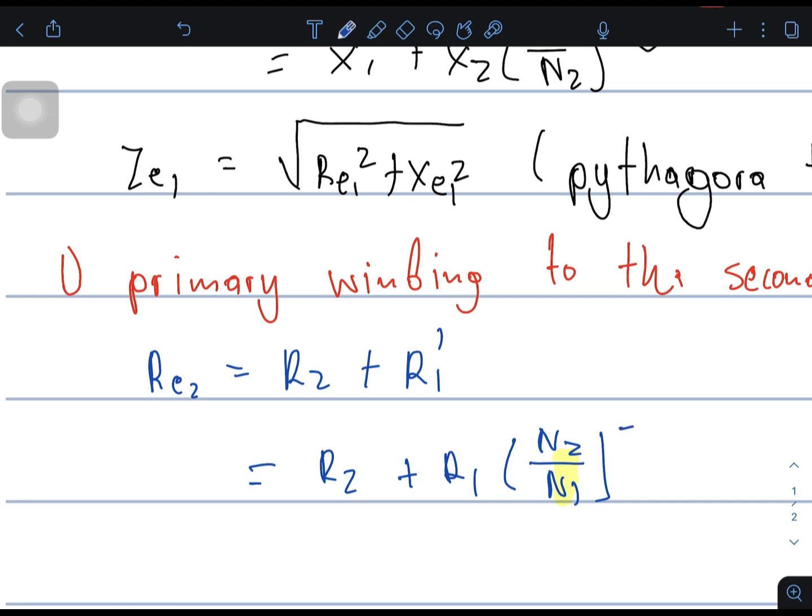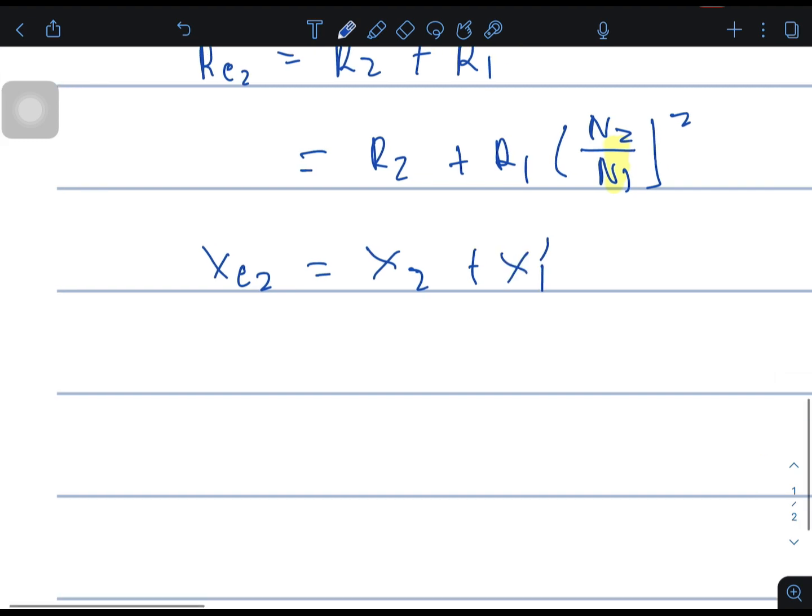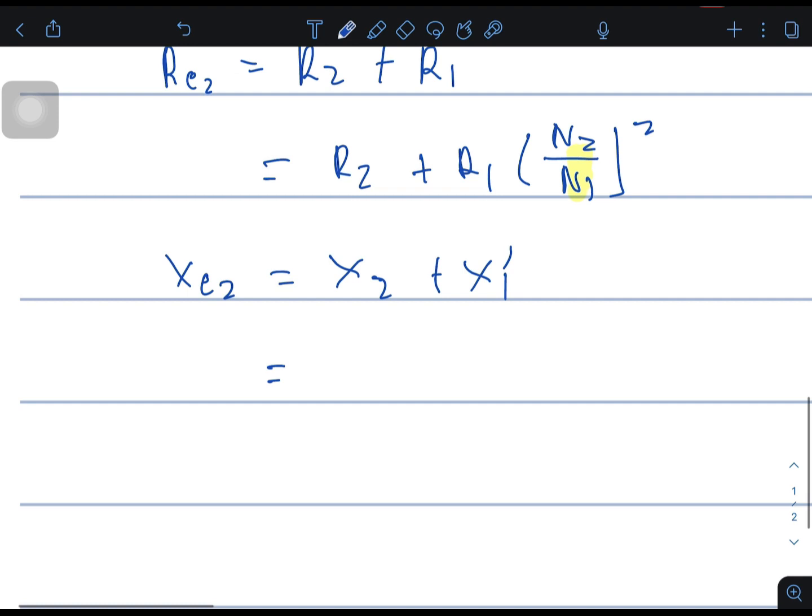Then the equivalent reactance, XE2, is equal to X2 plus X1 prime, which is equal to X2 plus X1 open brackets N2 over N1.